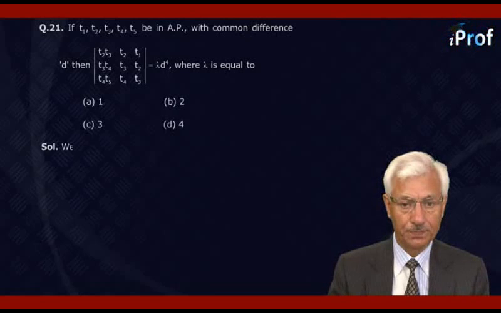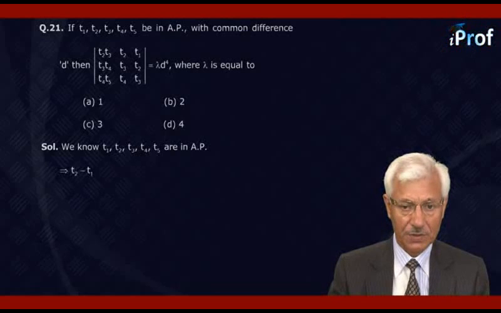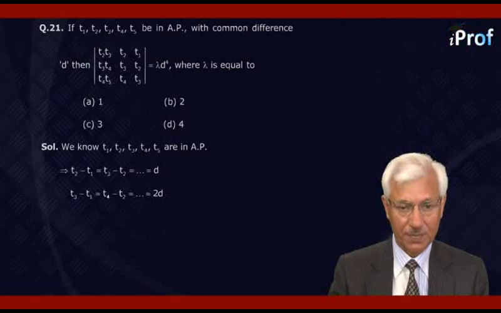We know T1, T2, T3, T4, T5 are in AP. Therefore, T2 minus T1, T3 minus T2, and so on, their difference is equal to D. Also, T3 minus T1, T4 minus T2, and so on, their difference is 2D.